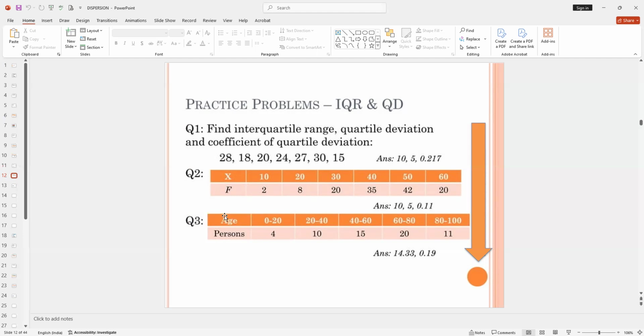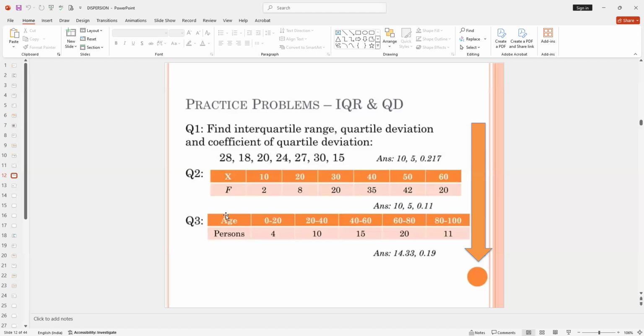In class, I also discussed how to find the values of the upper quartile and lower quartile using the split method in an individual series. For a discrete series, the formula for Q1 is n plus 1 divided by 4, and for Q3 it is thrice of n plus 1 divided by 4. Then you find Q3 minus Q1.